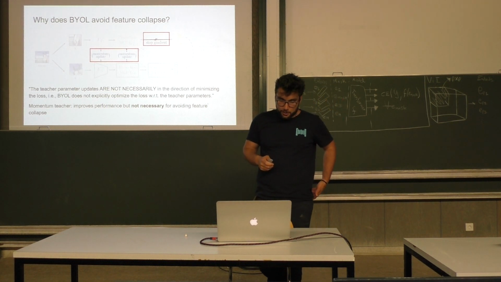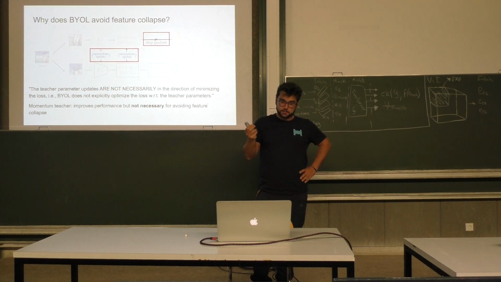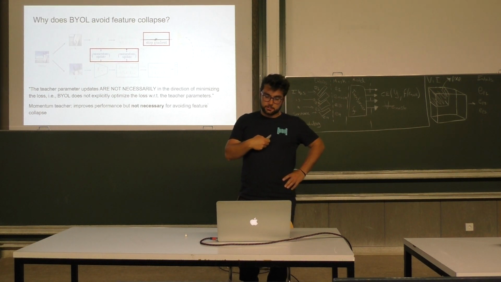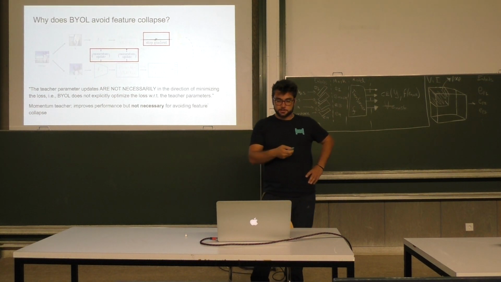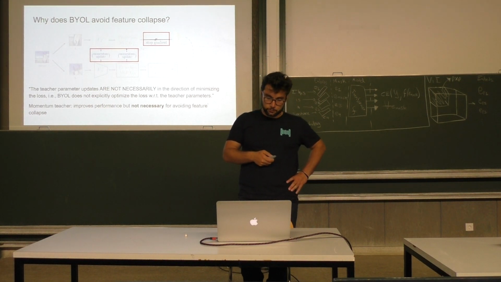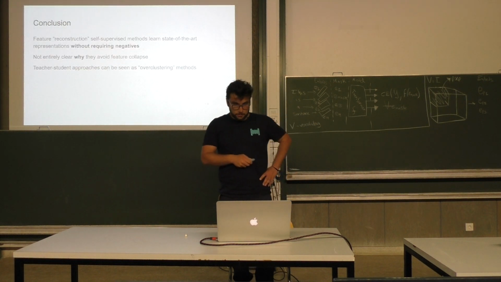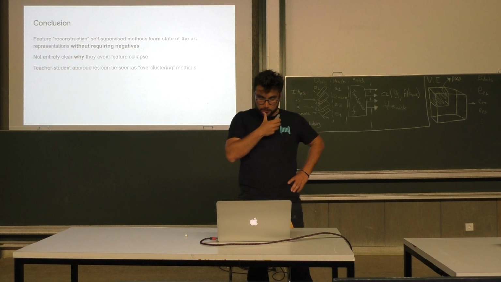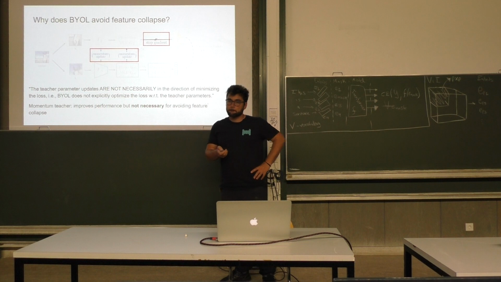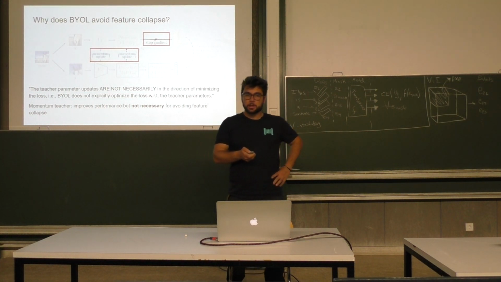And this is what they write in the paper, that the teacher is not updated with respect to the loss function, and this kind of gives some intuition why it doesn't collapse, even though there is no overall theoretical justification. Any questions here? Okay.